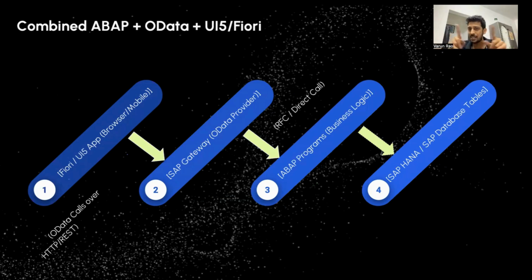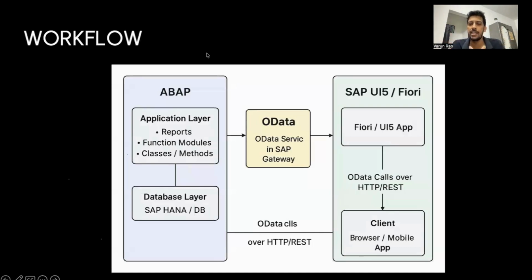So it contains the business logic, the ABAP part. Now, after that, you have SAP HANA, or the database tables, where the information is either stored or extracted as per the need, right?